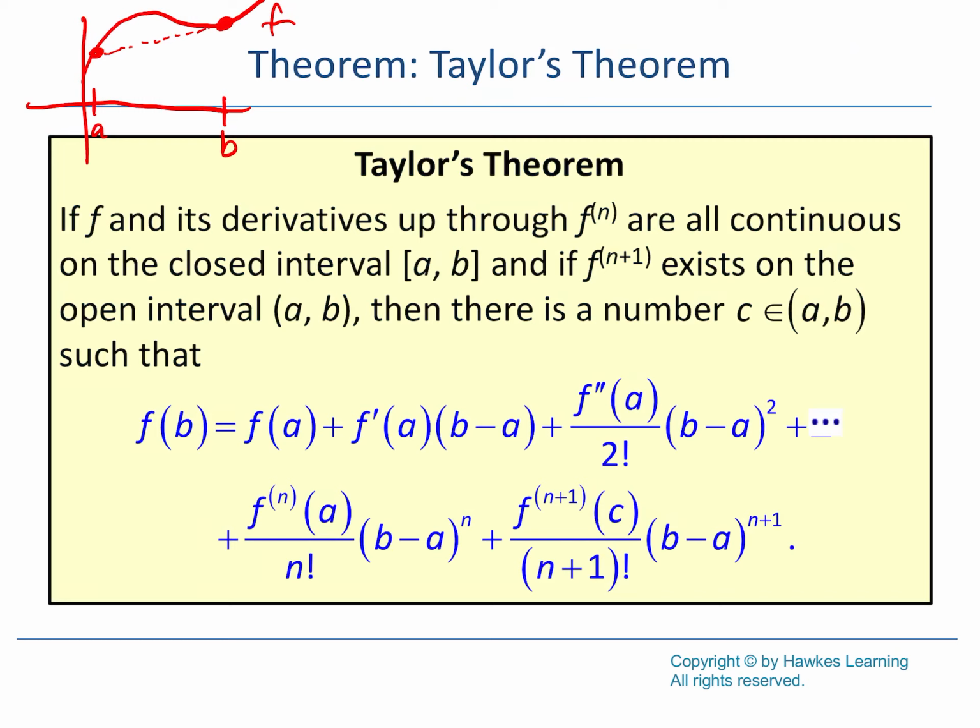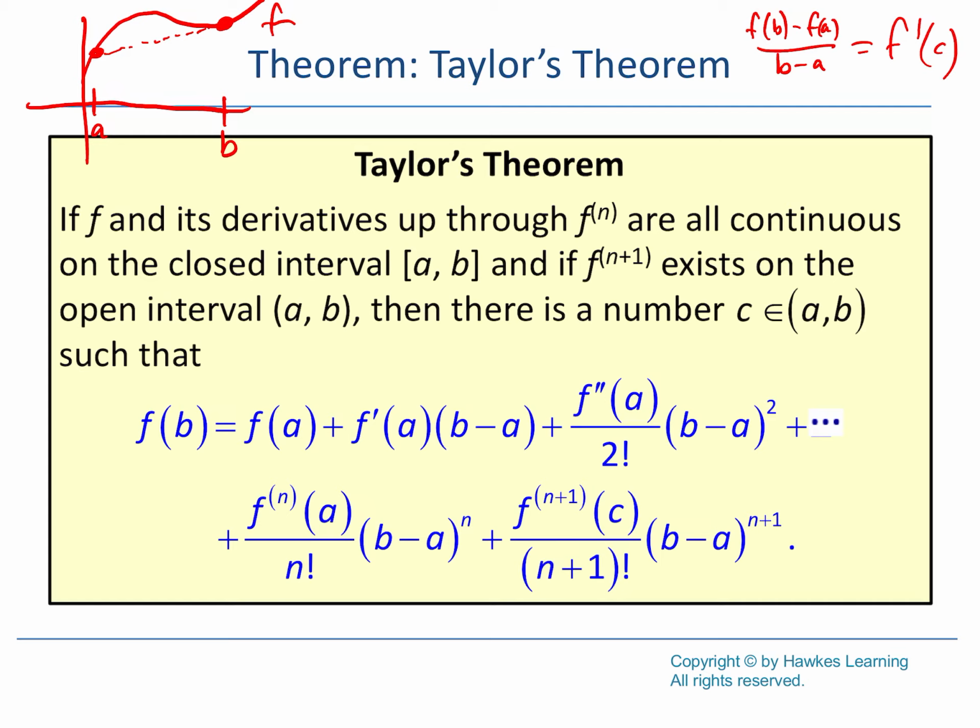The average rate of change, which would be f of b minus f of a all over b minus a, there's our average rate of change over that interval, would need to be equal to the derivative of this function evaluated at some point c.